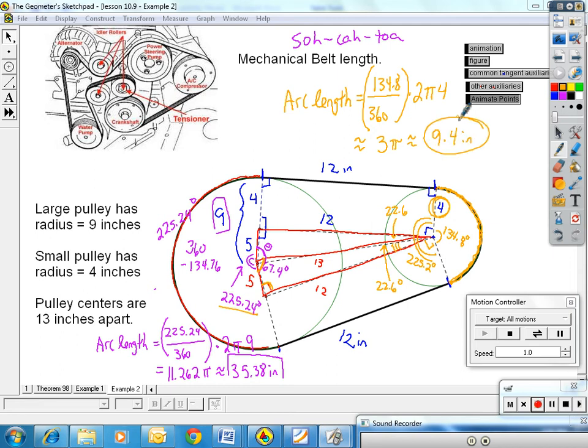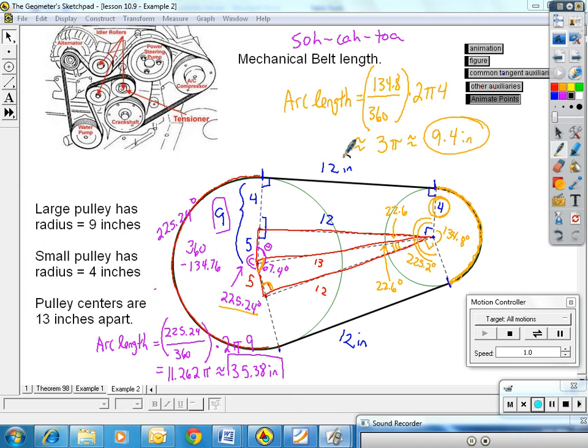So, the belt that the manufacturer needs to make to fit a pulley of 9 inches and a pulley of 4 inches, which are 13 inches away from each other, from center, is going to be this.